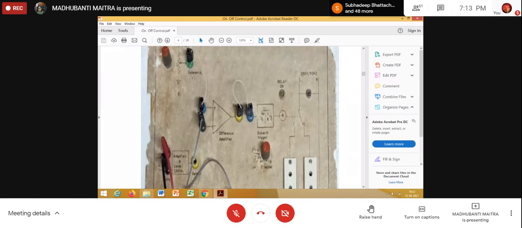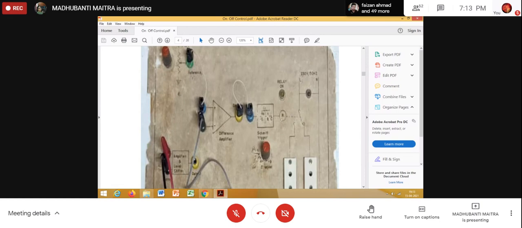Am I clear? So when the electromagnet is not energized, then this is one contact. These two terminals form a contact, and these two terminals form another contact. This is a normally closed contact, or NC. Why?